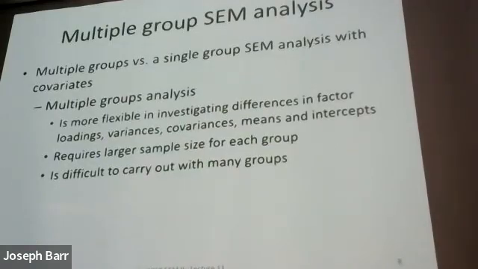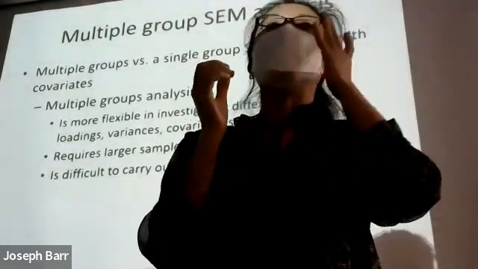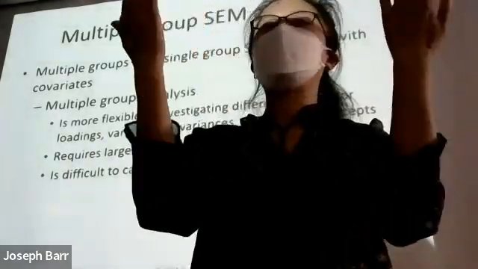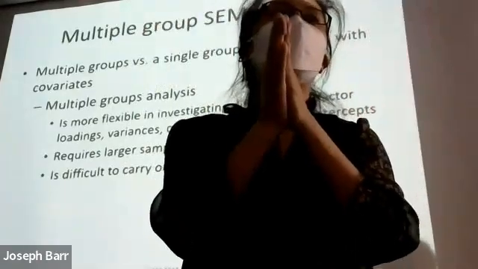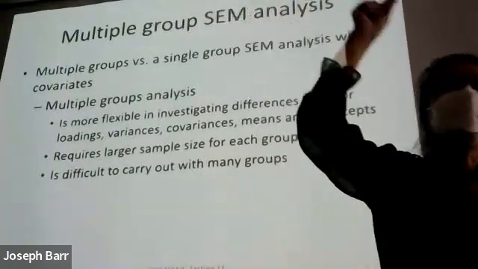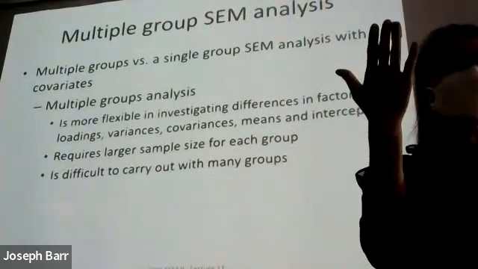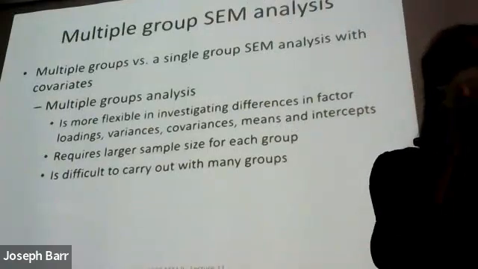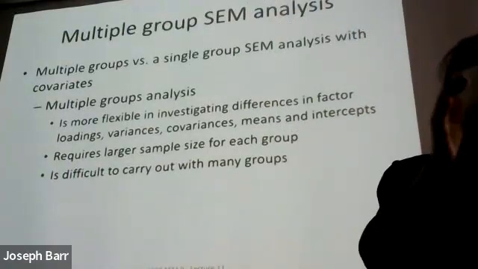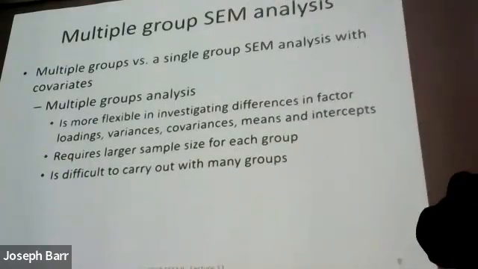But some people also argue that, okay, I understand you can compare multiple groups, but why not just add that grouping variable as a new covariate? For example, we're going to compare female and male. It's another possible solution: we can just add gender as our covariate.